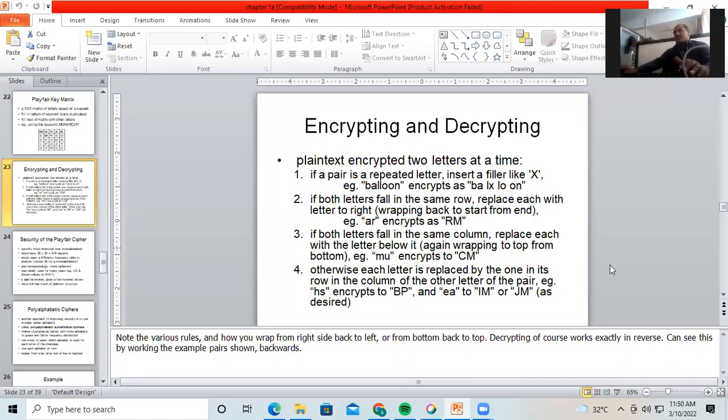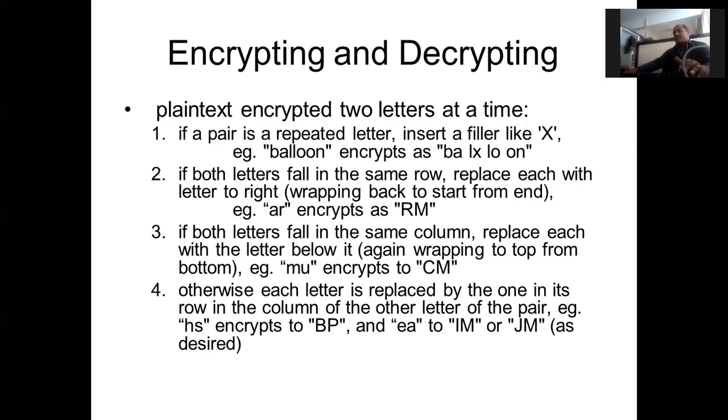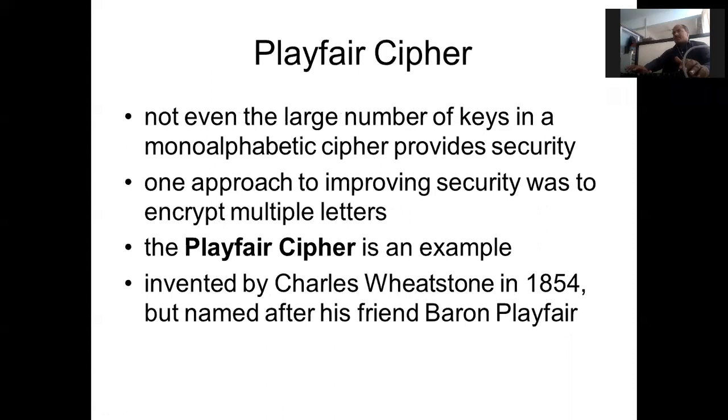Okay, so once again, now we will take the revision of this Playfair cipher. In the case of the Playfair cipher, even the large number of keys in a monoalphabetic cipher does not provide security. The second point is that one approach to improving security was to encrypt multiple letters.